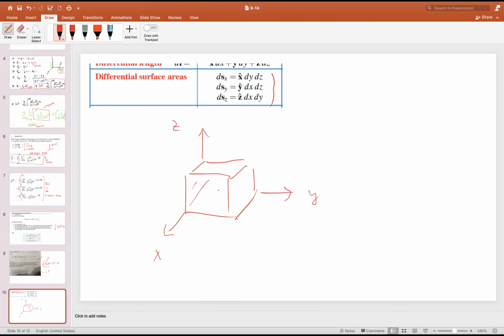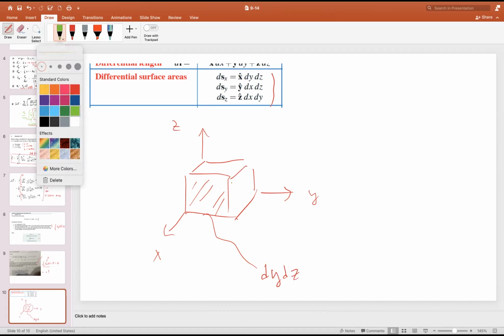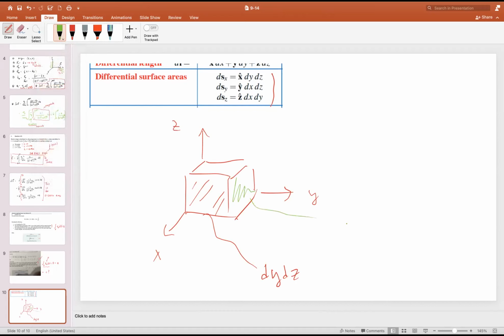Right, so on this surface, when you move around on that surface, this is going to be dy dz. When you move around on this surface, your ds is going to be a dx dz and so on.